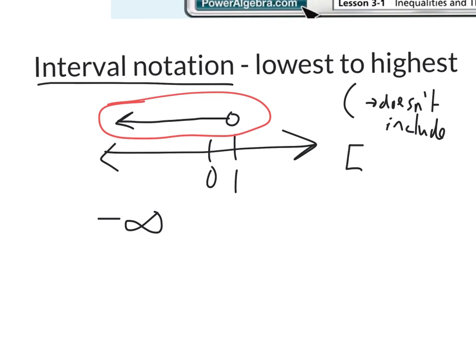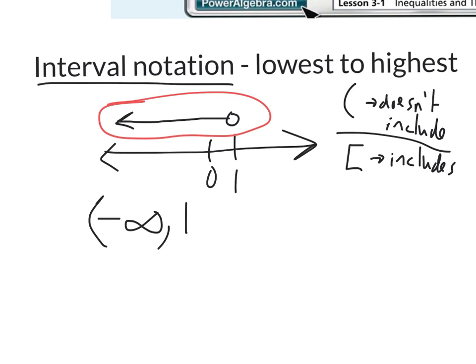And we're going to put a bracket if it includes the point. So with infinity and negative infinity, we're always going to do parentheses because we can never quite get to that point. And then we're going to put the highest possible number that could work here. So the highest cutoff on this is that we're at 1.